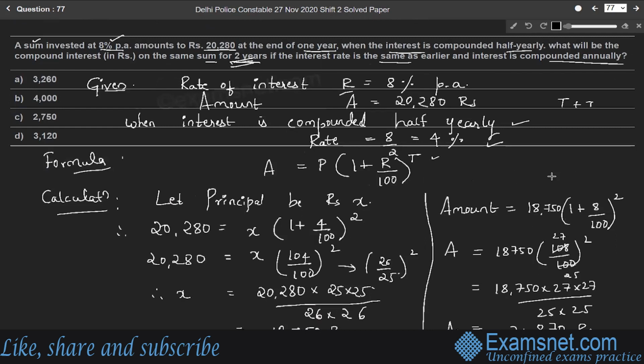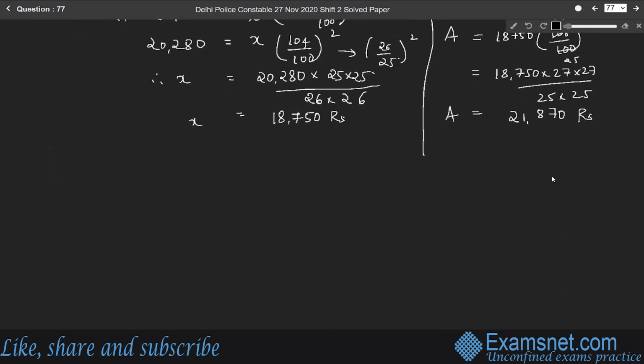What will be the compound interest? CI, compound interest, we have to find out. So the formula for compound interest is amount minus principal.